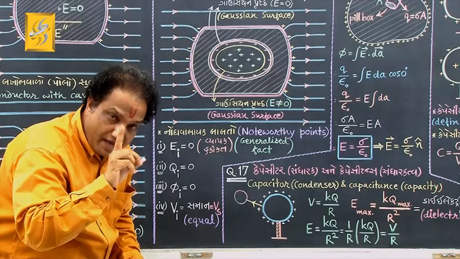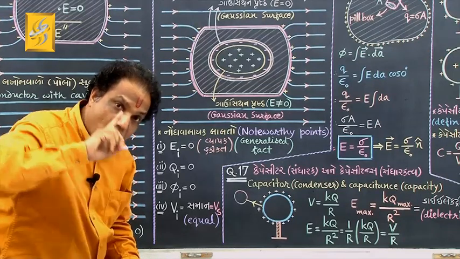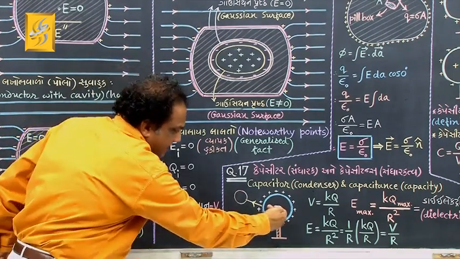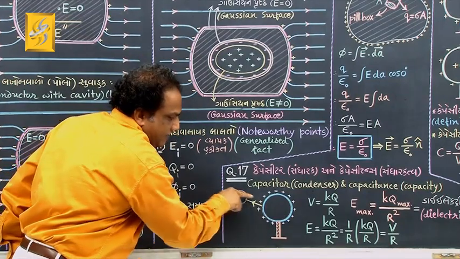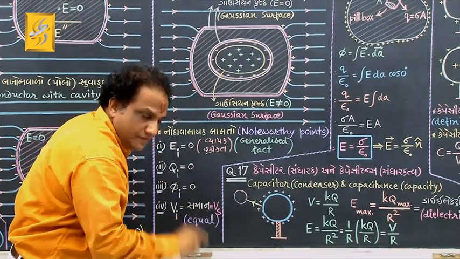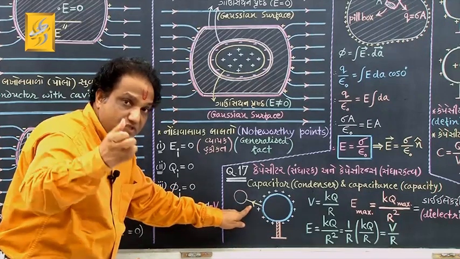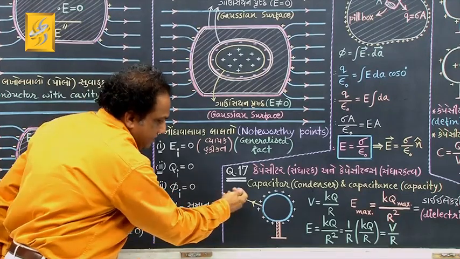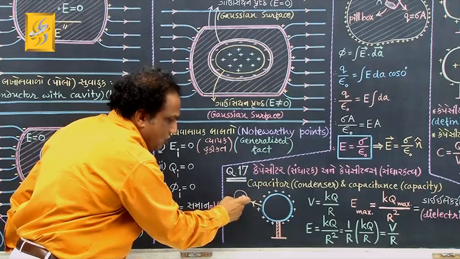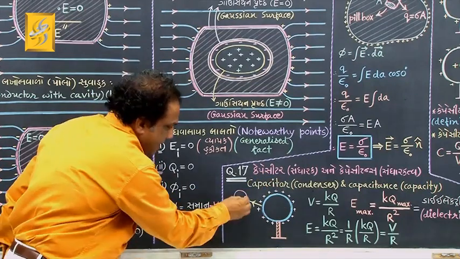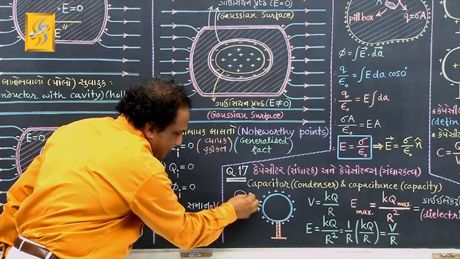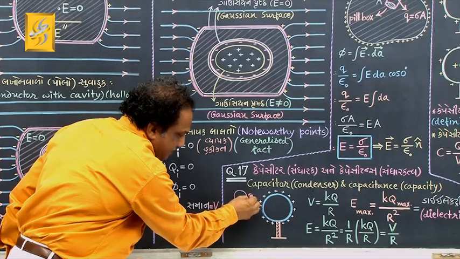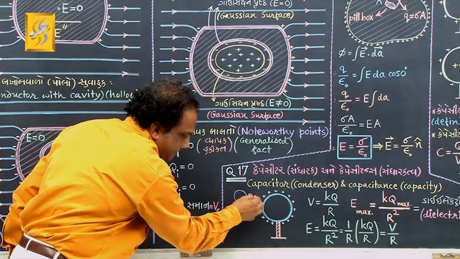They will experience electric force in a direction opposite to the electric field. If electric field is this way, then electric force will be this way. Correct? But if this electric field becomes sufficiently strong, then electrons are pulled out of this neutral atom, and those electrons will be moving towards this charged surface this way.